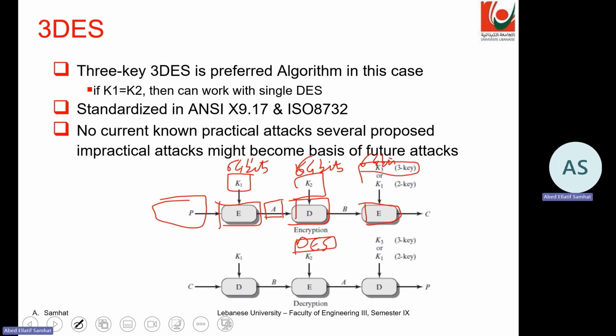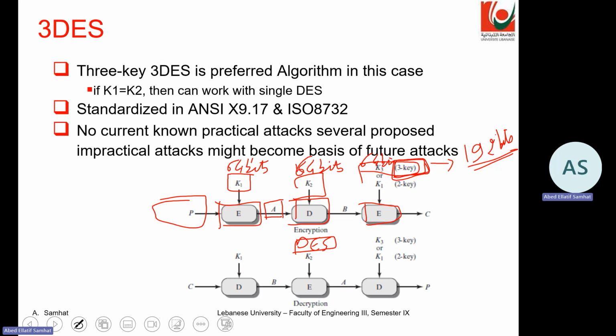The first one is encryption, the second one is decryption with another key, and the third one is encryption with a third key. It's like we are using 3 keys, each one is 64 bits, and in this case, it's like we have the DES algorithm with 192 bits. And this will give a robust algorithm against brute force attack.